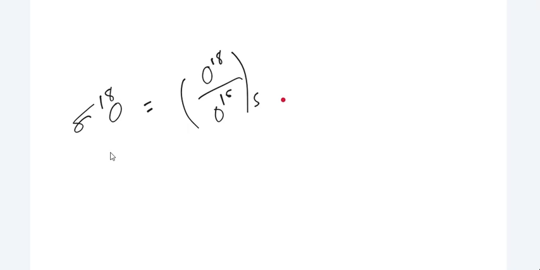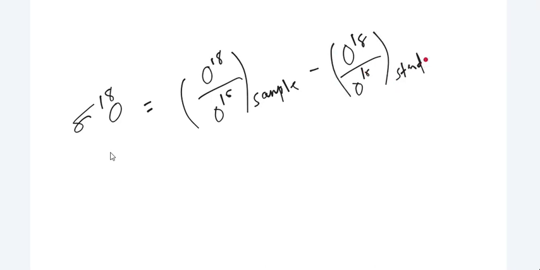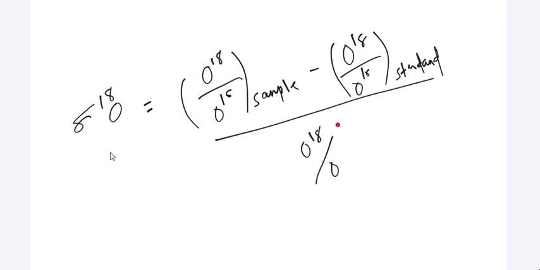Considering the oxygen isotopic fractionation, the same kind of equation applies. Del O-18 is equal to (O-18 by O-16 of the sample minus O-18 by O-16 of the standard) divided by O-18 by O-16 of the standard, into 1000.